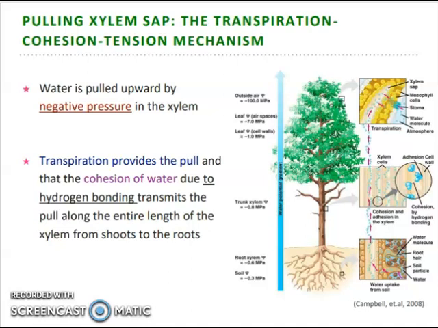According to the transpiration adhesion cohesion tension mechanism for water transport in xylem, water evaporating through the stomata produces a tension or negative pressure that pulls the water in a column form up the xylem vessel from the root to the shoot. This column is maintained by hydrogen bonding between water molecules, called cohesion, and the hydrogen bonding between water molecules and the molecules that make up the cell wall of the xylem, and this kind of mechanism or process we call adhesion.